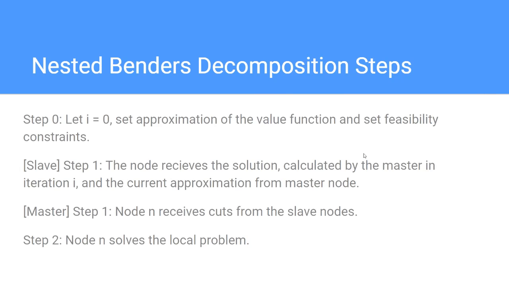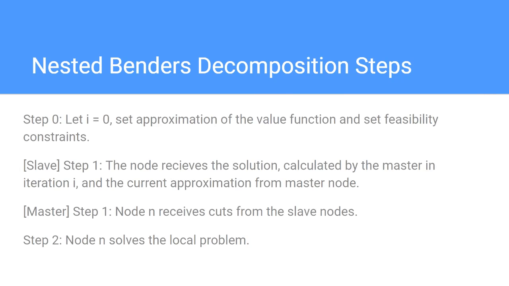So we'll talk about the steps of this nested Benders decomposition. For each step, it will have either a slave or master next to it to dictate which processor does what. So we'll start at step 0.